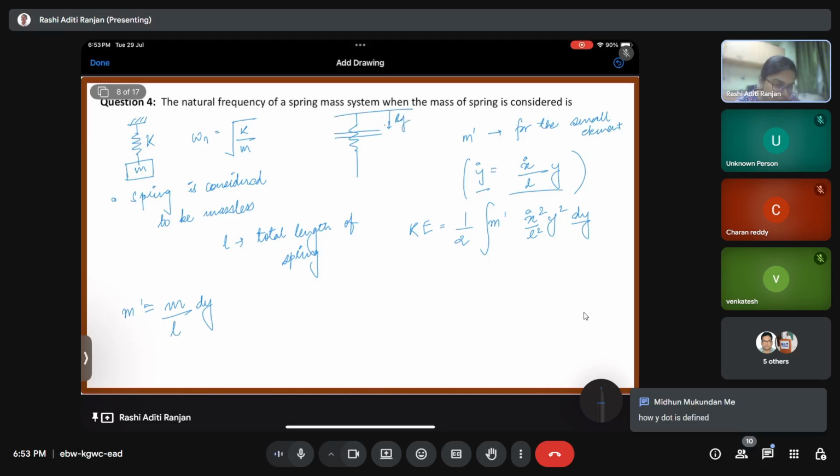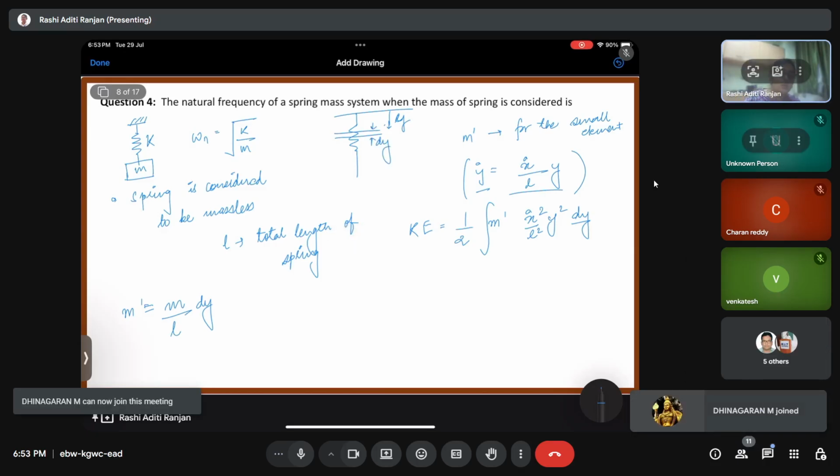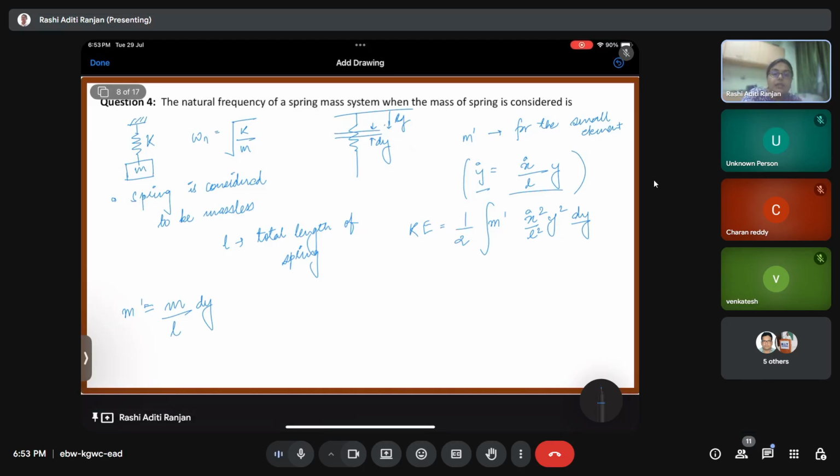How is y dot defined? For y dot, we assume that there is a linear variation. With linear variation, we mean that it is something like this.